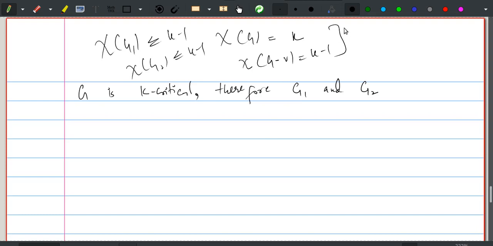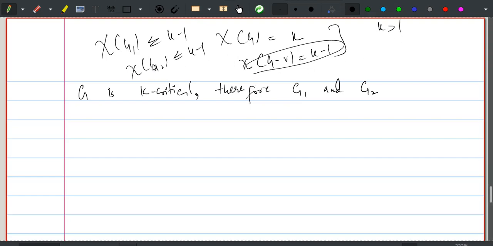because of this condition here. That is, if we remove a vertex v from G, its chromatic number reduces to k minus 1. So in case G1 is just a single vertex, its chromatic number is 1, which is less or equal to k minus 1, because k is bigger than 1.